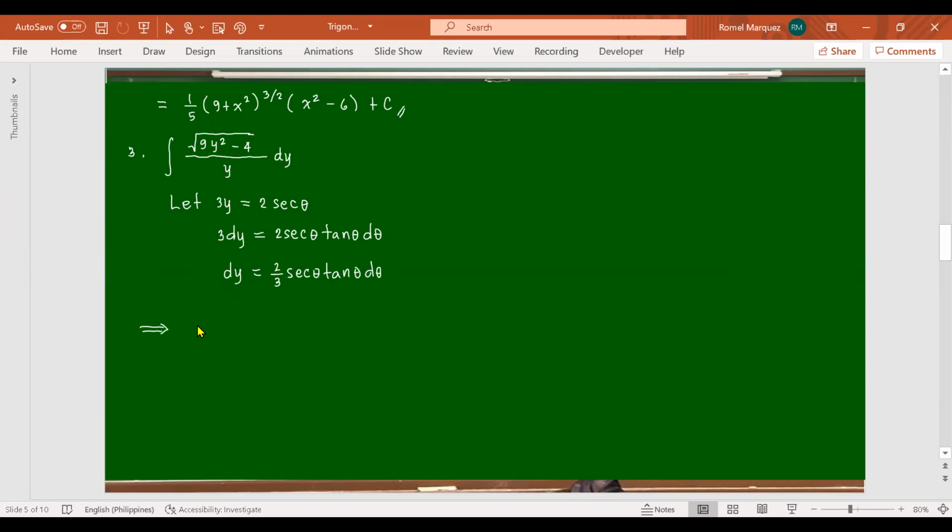So the integral now becomes the integral of, for the numerator, 9y squared, that is 4 secant squared theta, because we have to square this 3y, minus 4.